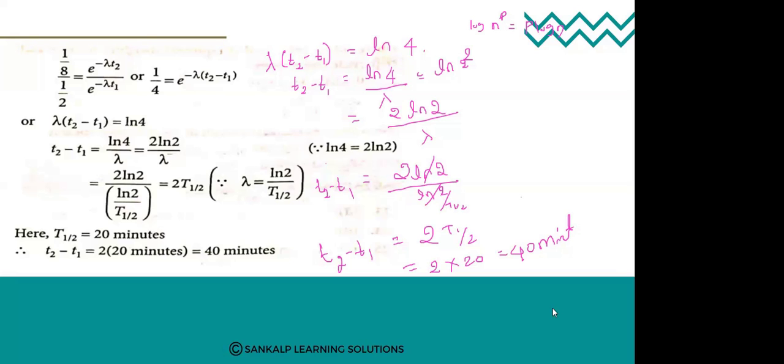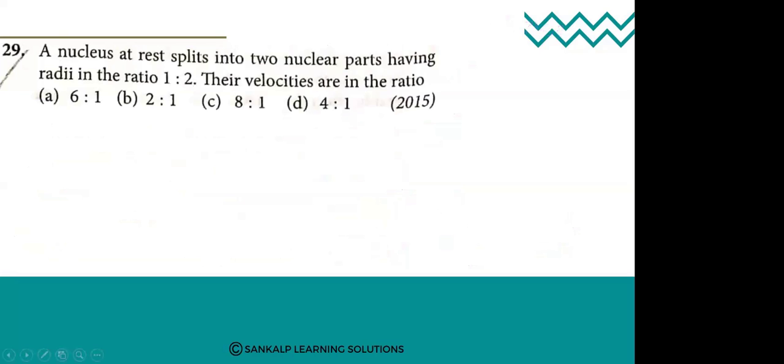See the next question. Two nuclei have radii in the ratio of 1:2. Their velocities are in the ratio of? So what is the ratio of their velocities?